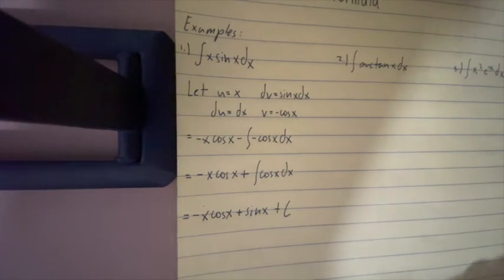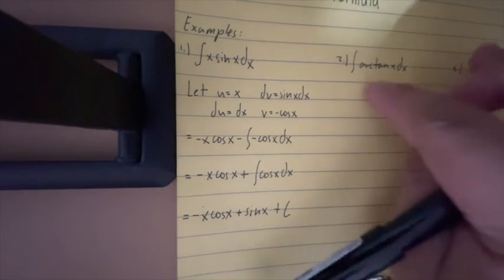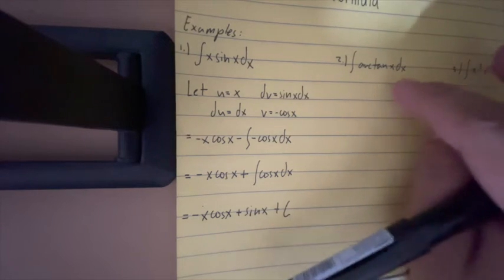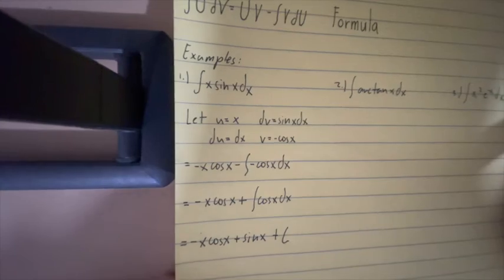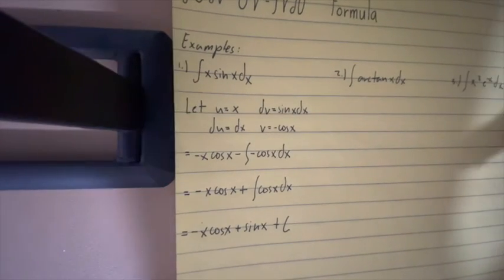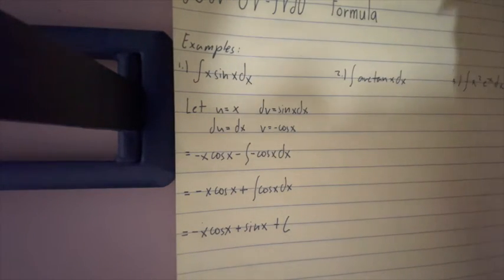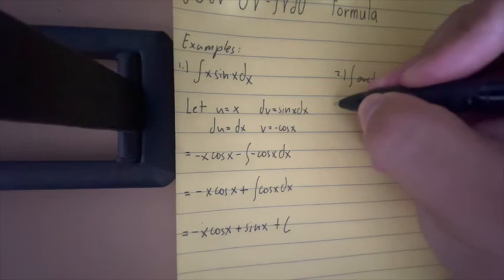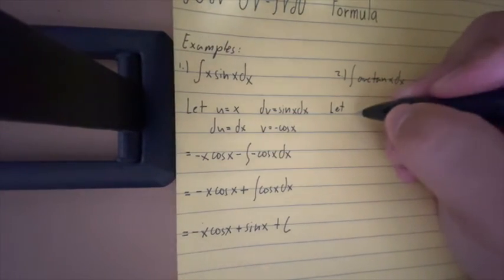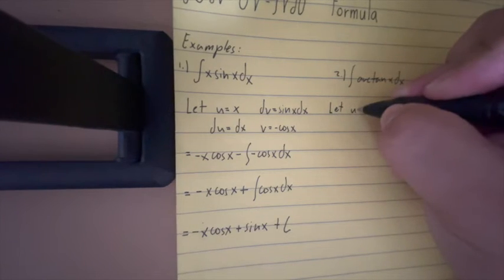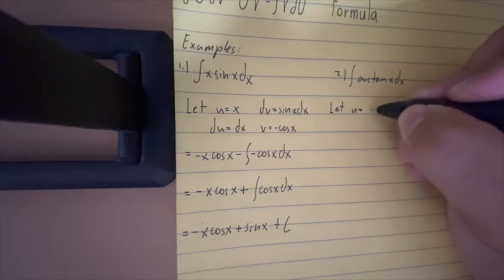For number 2, we're going to solve the integral of arctan x dx. We will follow what we did for number 1. Our u will be arctan x.